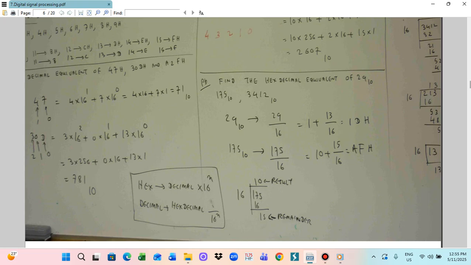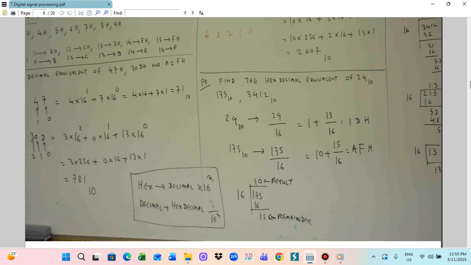So 213 plus 4 by 16. In this case, you can write it as 213 and 4 by 16. Here we see the remainder. You don't need to worry about the result, you only need to worry about the remainder.